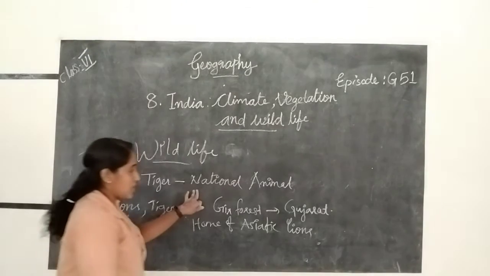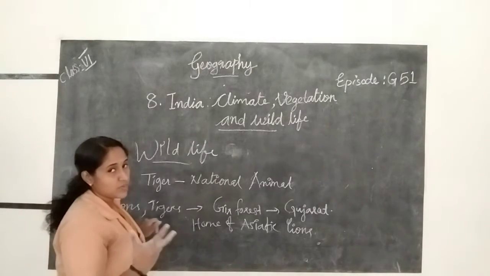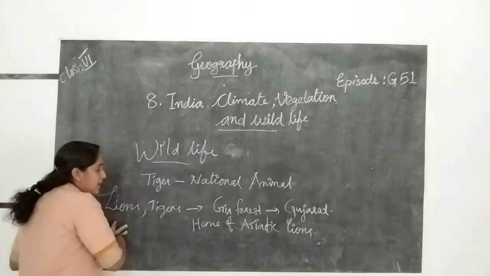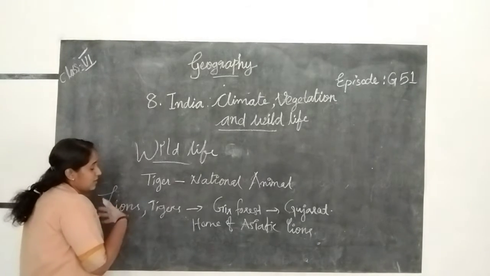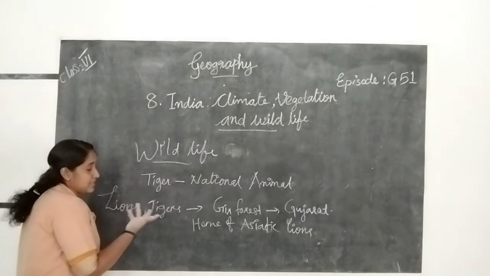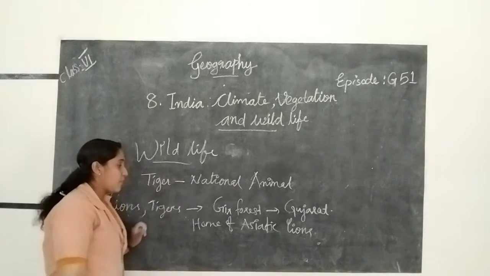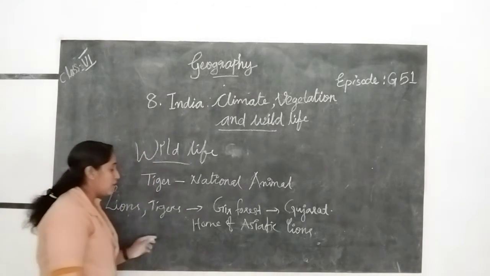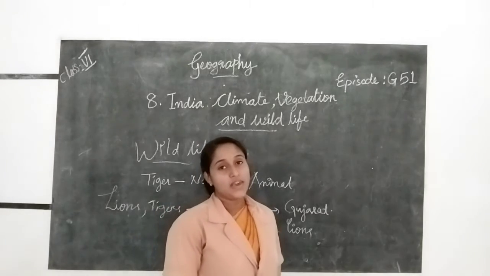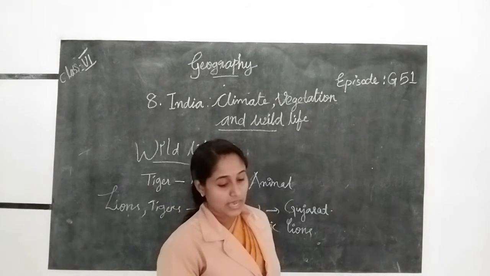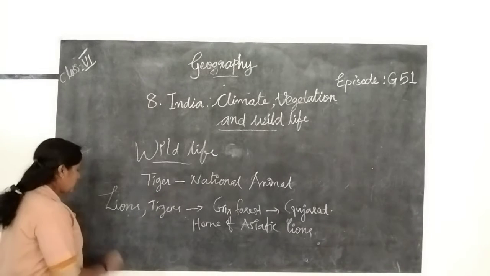The tiger is our national animal, and in most forests we can find tigers and lions. But the numbers of tigers and lions are mostly increasing in the Gir forest in Gujarat, also known as the home of Asiatic lions.